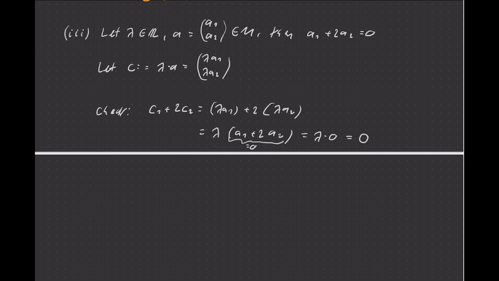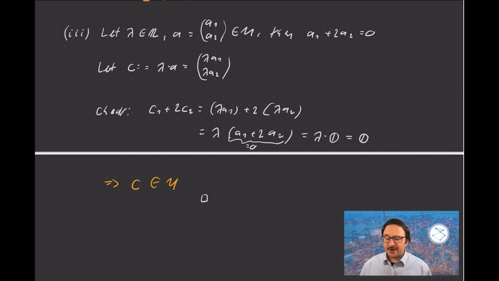And just to make sure that you know what we're doing here, this is actually the 0 vector. So what that means is, of course, c is again contained in U. And that completes our proof, showing that U is closed with respect to addition and with respect to scalar multiplication. So U is, in fact, a vector space.